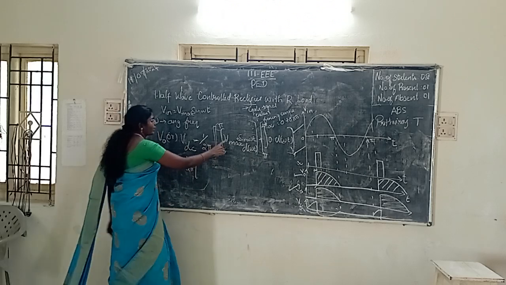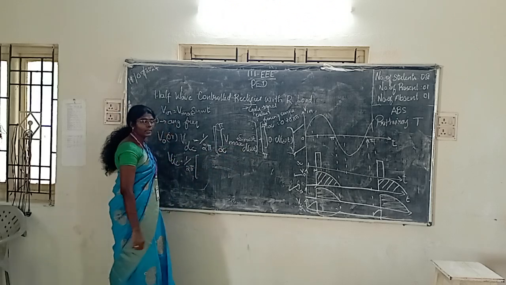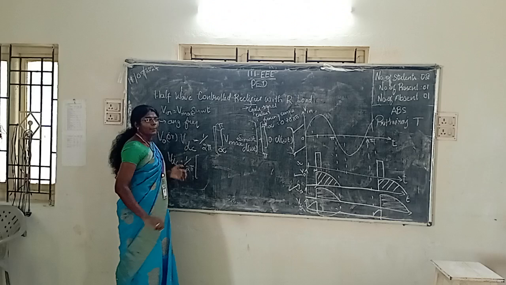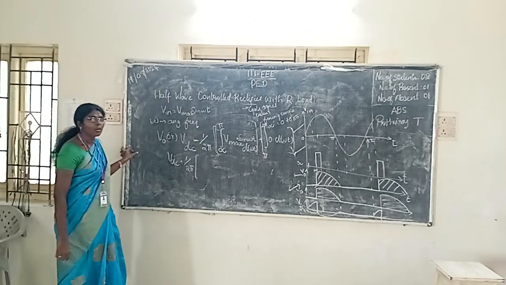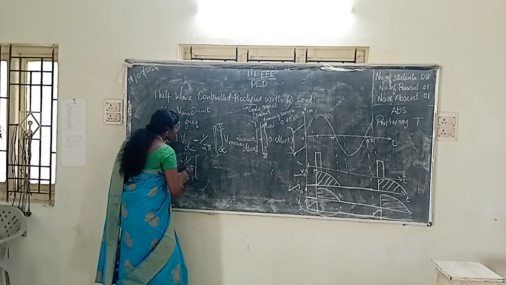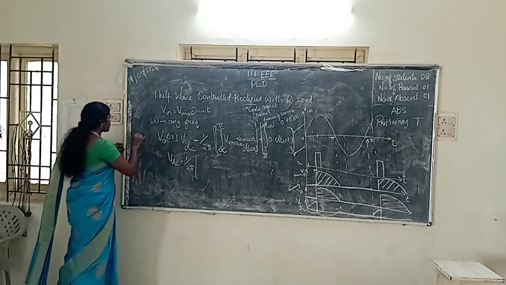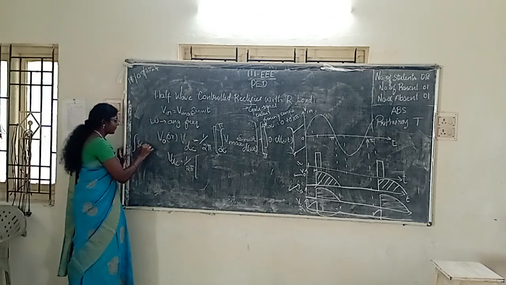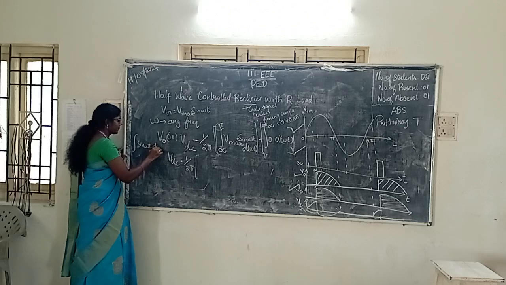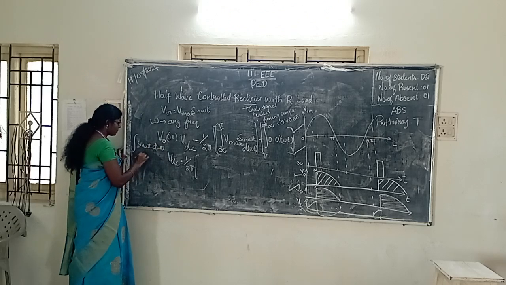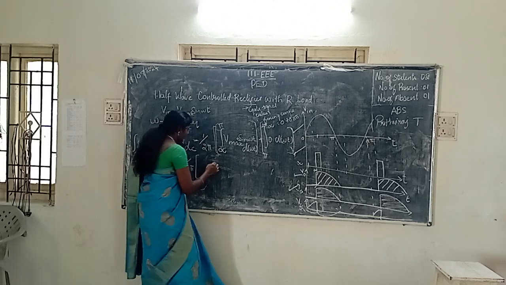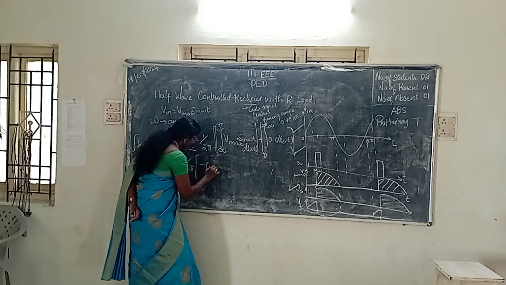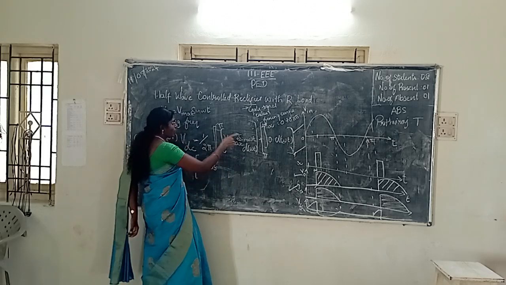While integrating sin omega t, remember the formula from 11th standard: the integral of sin omega t dt becomes minus cos omega t.